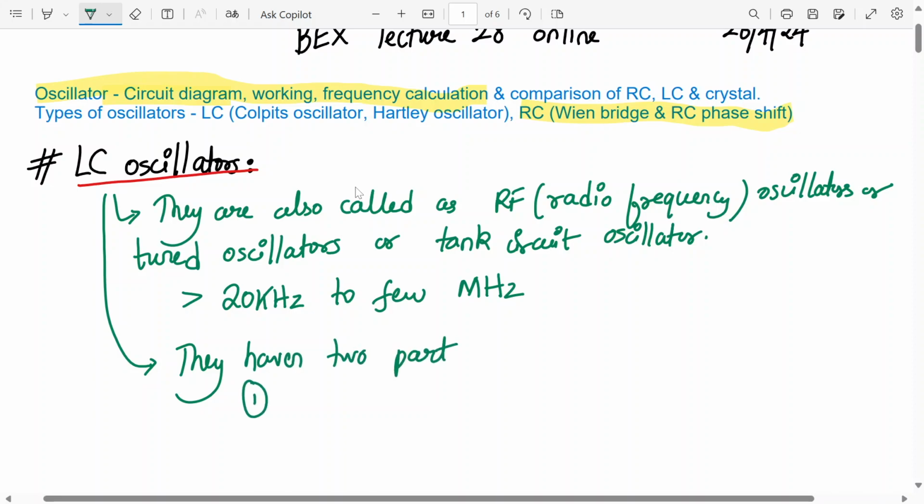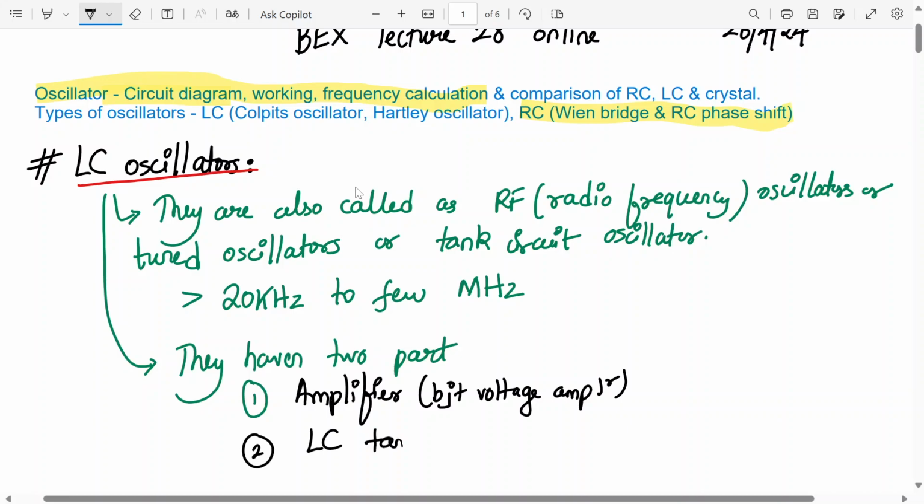Part number one is the amplifier. So mostly we will be using a BJT amplifier, a voltage amplifier basically. And the second part is the LC tank circuit. So this will be my feedback network.